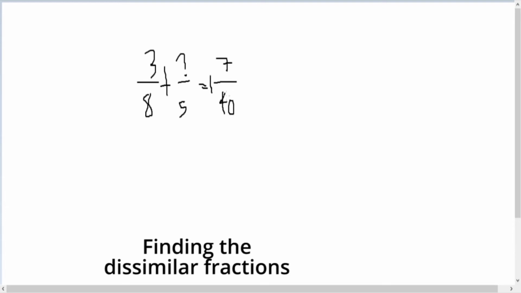Okay, so now this one: 3/8 + ?/5 = 1 7/40. Before we just get into improper fractions, you need to rewrite this variable first, just in case.